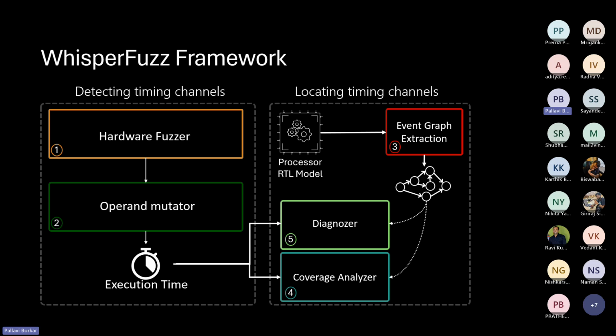So what you want is two instruction sequences which have the same instructions but different values. So the hardware fuzzer will generate one instruction sequence, and the operand mutator will mutate all the values present in that instruction sequence, so that you are able to get multiple sequences which have differing values but the same instructions.